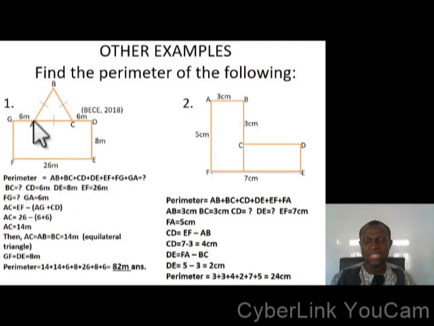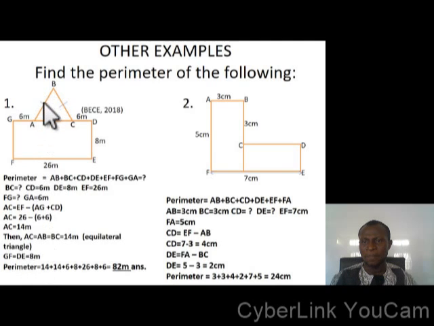Going back to where you started, that gives us the perimeter of this shape. And we have the sides here, BC, as we have demonstrated. So we can add all of them together here. Remember, we are starting from AB.